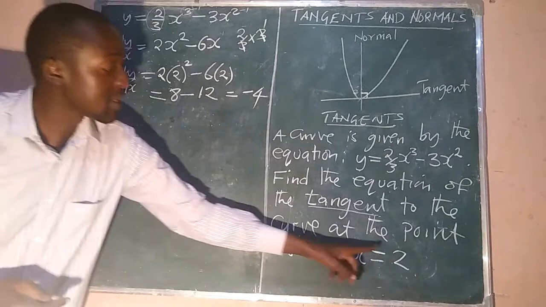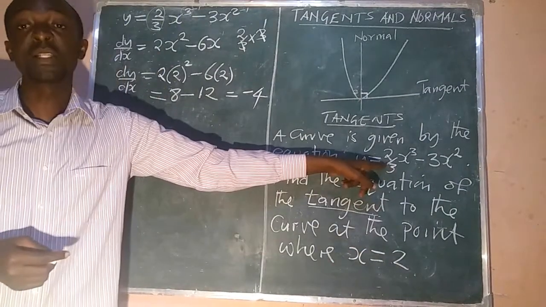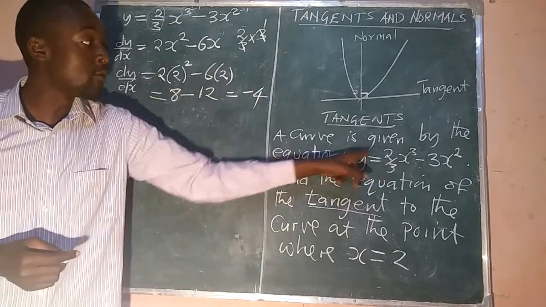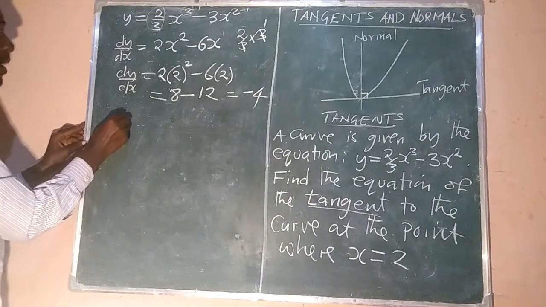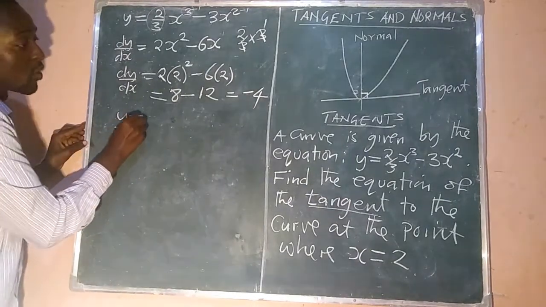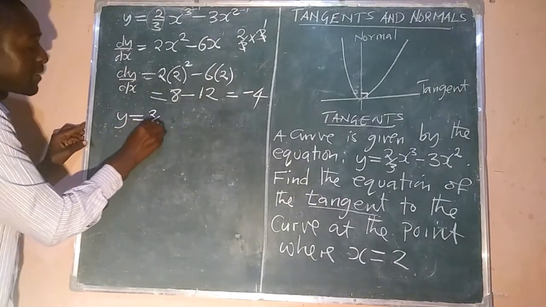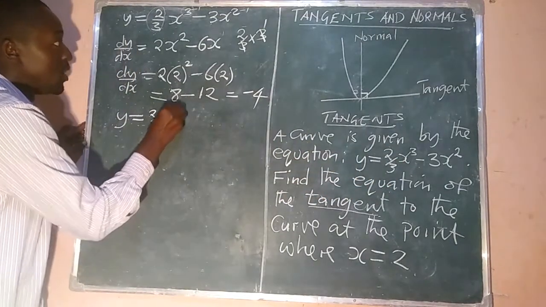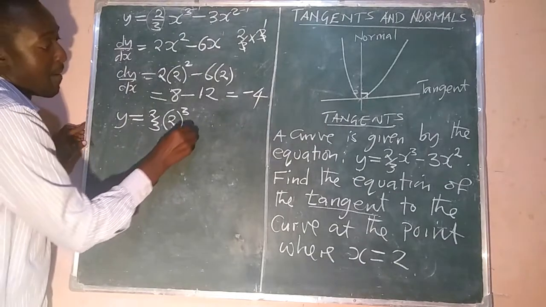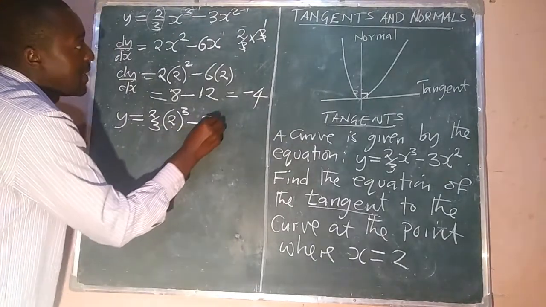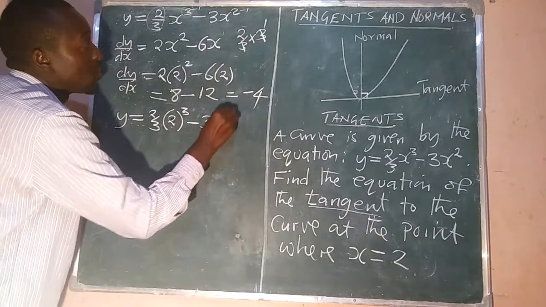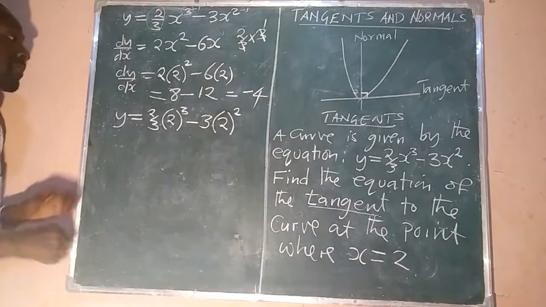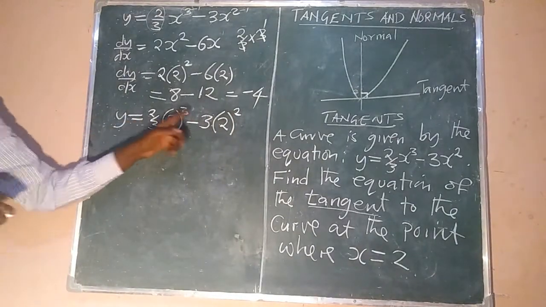So we substitute this 2 into the original equation to find the value of y. y is equal to 2 over 3 times 2 to the power 3 minus 3 times 2 squared. And then we can simplify here.